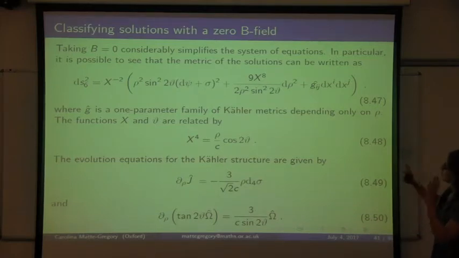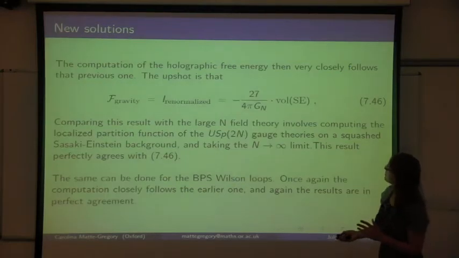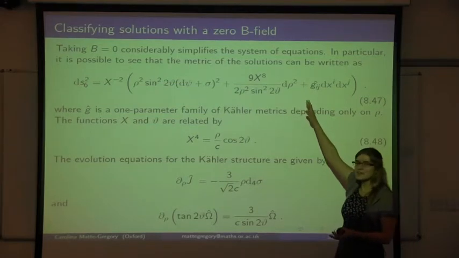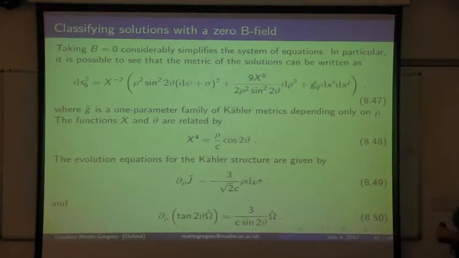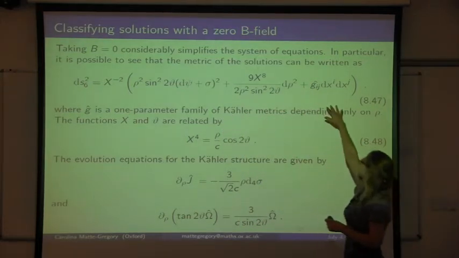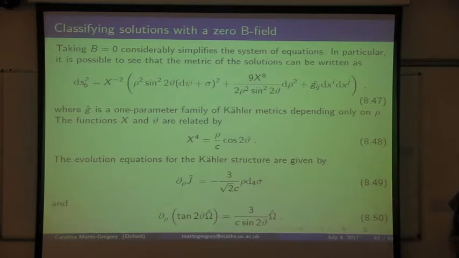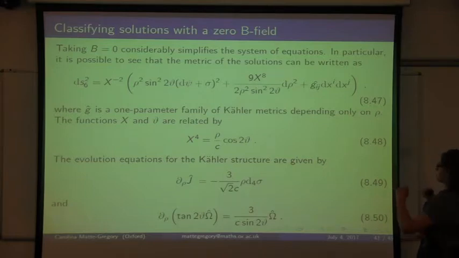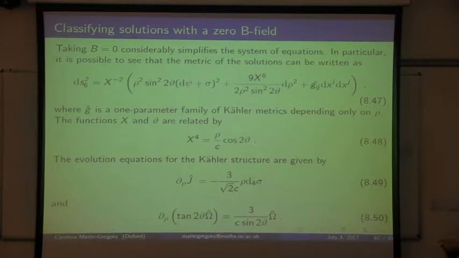So now, I should have changed the notation, but now this rho is my radial direction. And this is basically K1, and this K2, and then this is my four-dimensional metric with fibrations. So this G is a one-parameter family of Kähler metrics, depending only on rho.